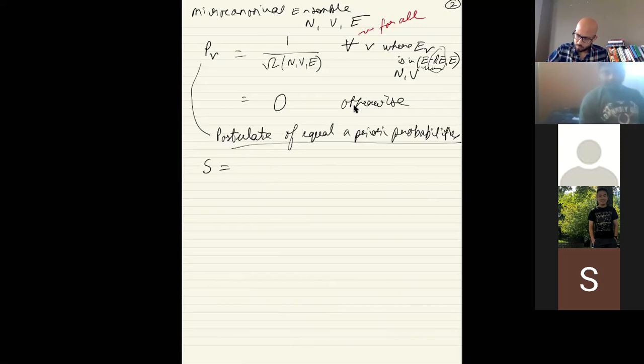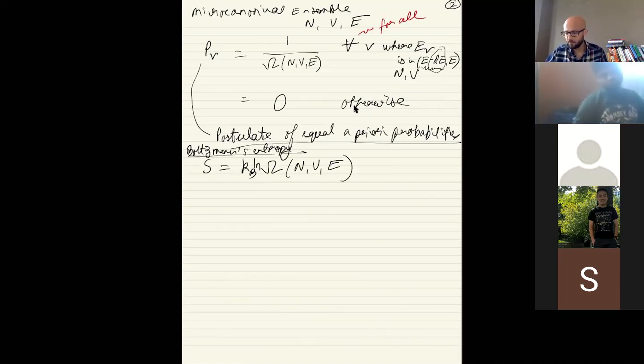We defined our entropy. This is called Boltzmann's entropy. Why this entropy connects with the thermodynamic concept of entropy, we will get to in a moment. We defined the Boltzmann entropy as the log of omega, the log of the number of microstates.